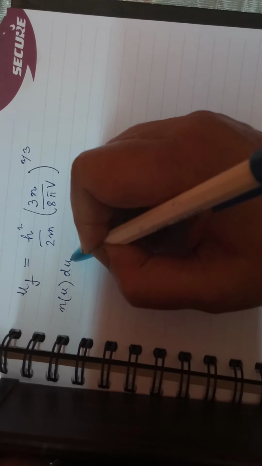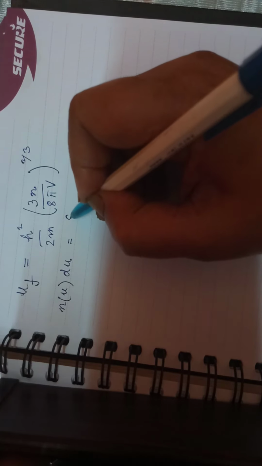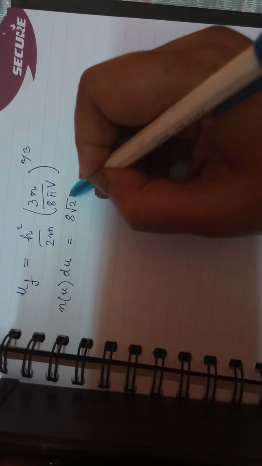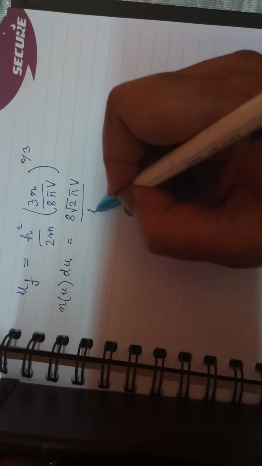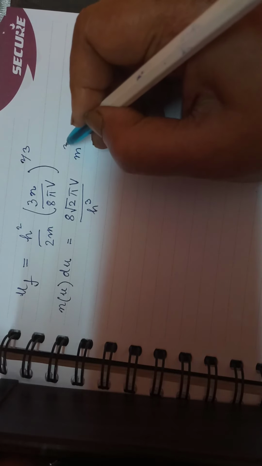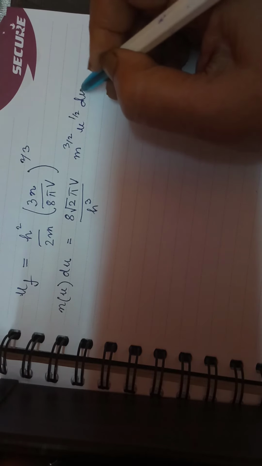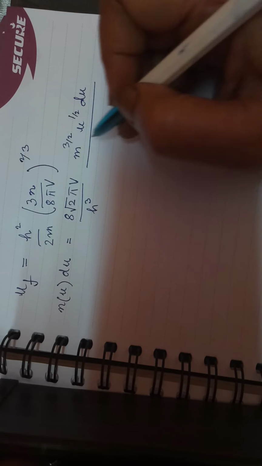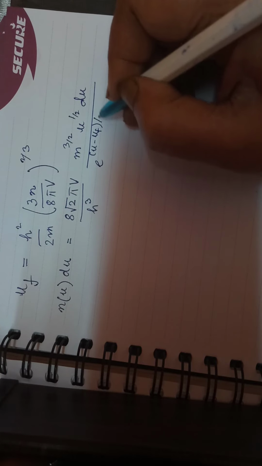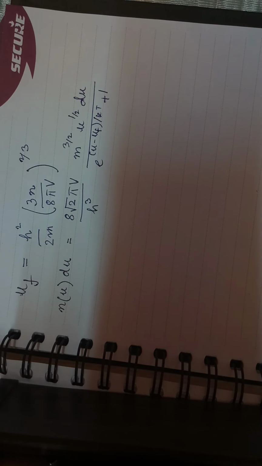If you just go back in my previous video, you will see n(u)du for the Fermi-Dirac distribution we have obtained as 8√2 πV by h³, m to the power 3 by 2, u to the power half du, divided by e to the power (u minus uF) by kT plus 1. So this was what we got for n(u)du.